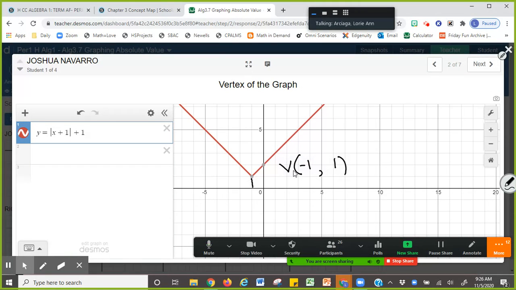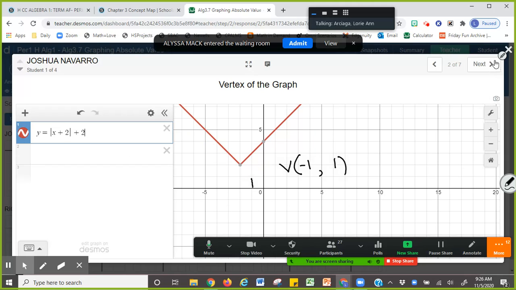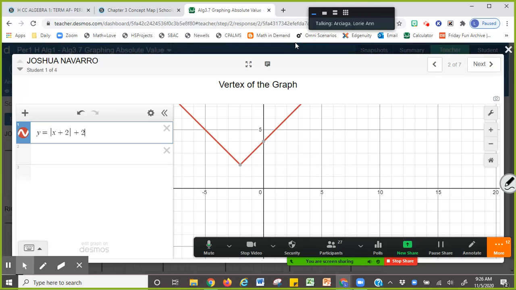Nice. Okay. Well, go ahead and change it. Change your +1 to +2, and then change your +1 to +2 again. Where did the vertex go now?